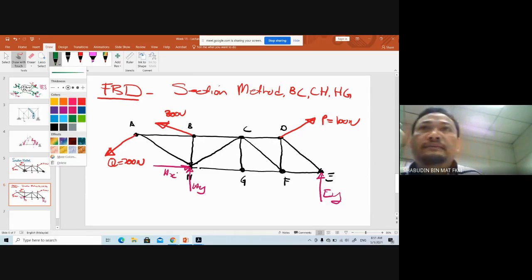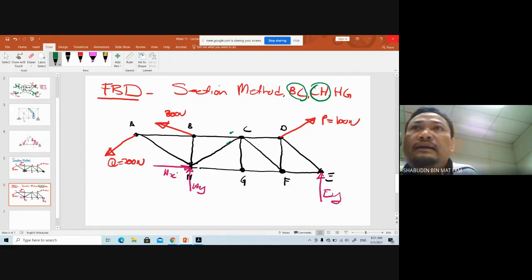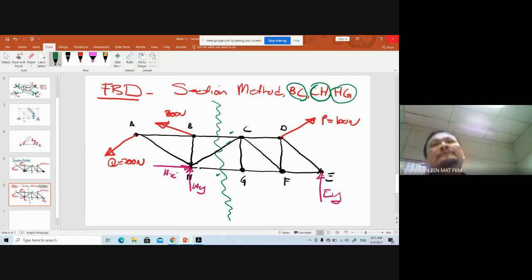I want you to get the forces in BC, CH, and HG only, at that particular point only. So you can cut it here. You cut it there, because I asked you to get the forces. So you can do analysis on the left hand side of your calculation or the right hand side of your calculation. We will get the same answer for forces in BC, CH, and HG. So let's begin with that one. Copy.